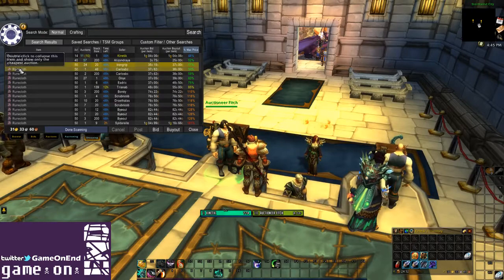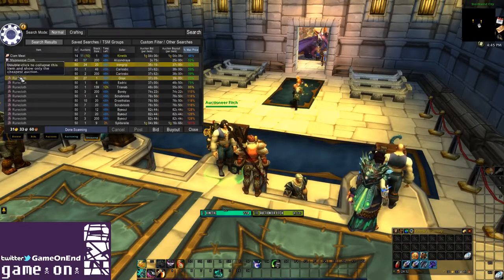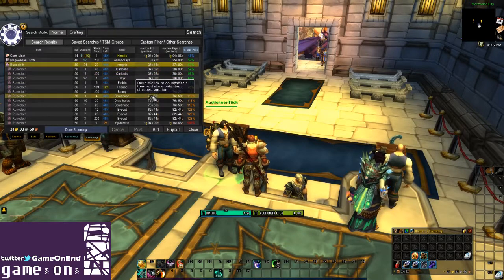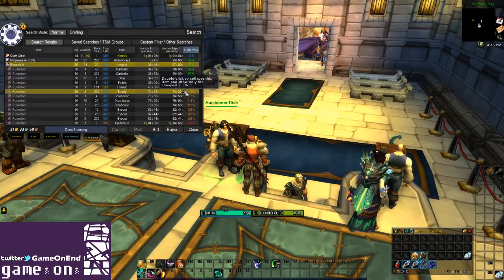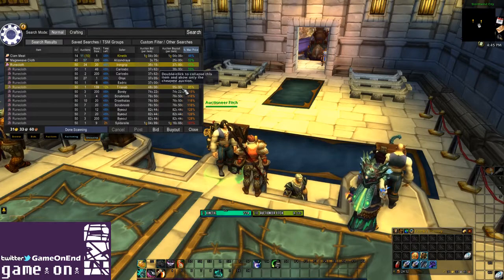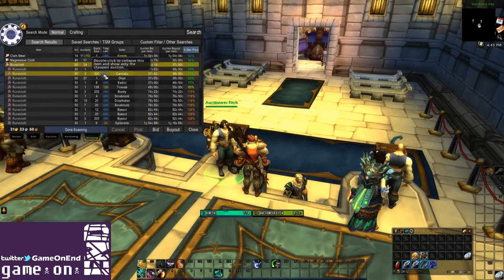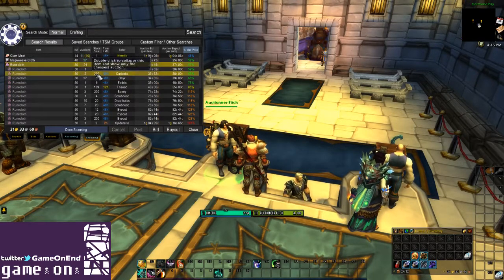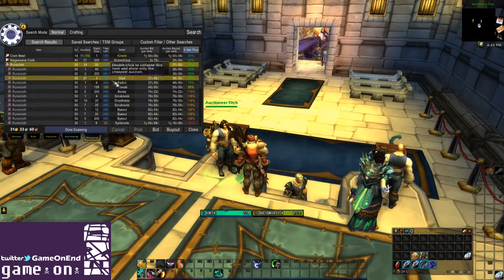So unless you can, like we talked about earlier about doing a reset on a market, buy all the way up to some kind of break point, like right here, we've got a 20 silver break point, and that bridges the gap to what the actual market value is. It may be worth buying up to here, but we don't have enough gold to buy out all of these auctions, especially these large stacks of 200.